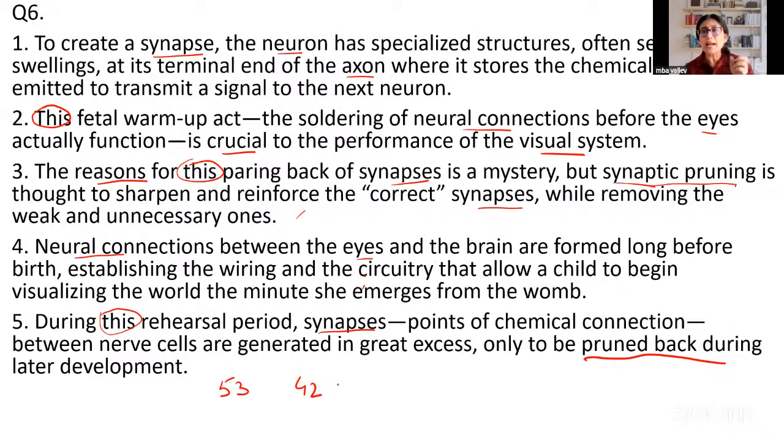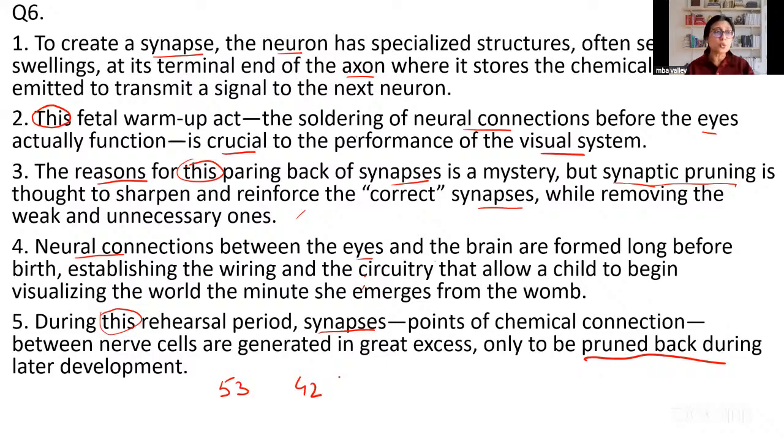It is written there, while removing the weak and unnecessary ones in sentence number 3. See, it is mentioned there. Now together 5 and 3 are going to tie with the broader purpose of neural wiring. Actually, what are we talking about in this whole paragraph? We are talking about neural wiring and rewiring. Presented where?